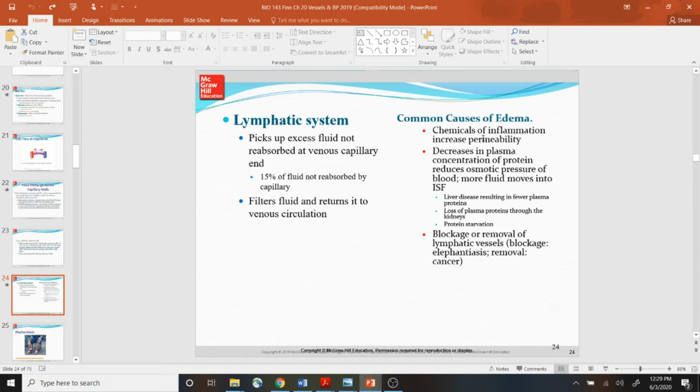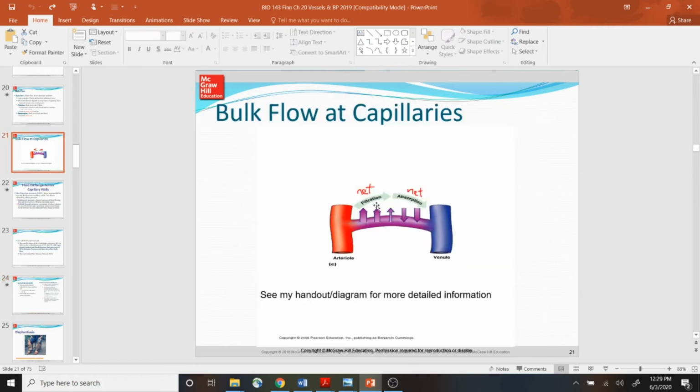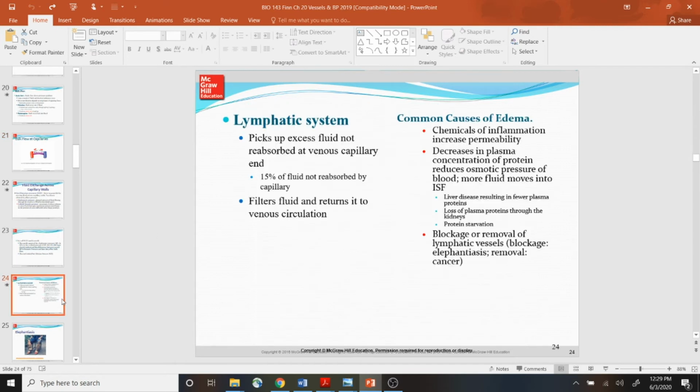A little bit more serious, if you had liver disease or kidney disease or you were not eating properly, you could decrease the amount of plasma proteins, which then would decrease the amount of pull back in. It would not allow as much absorption to occur and would leave excess fluid in your interstitial fluid, okay? And that's not good. These obviously would have to be treated if possible.